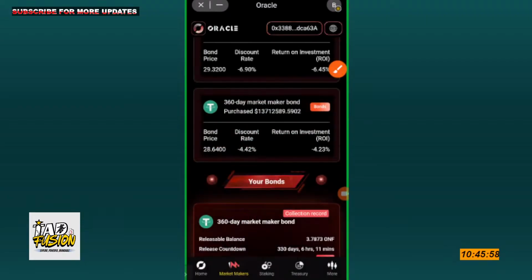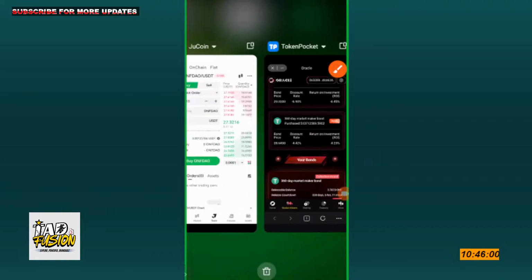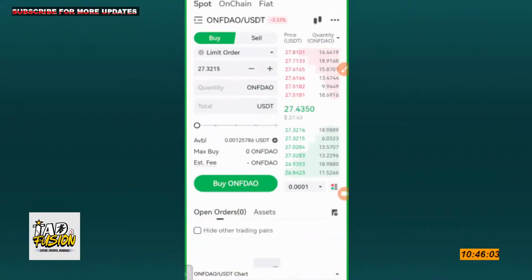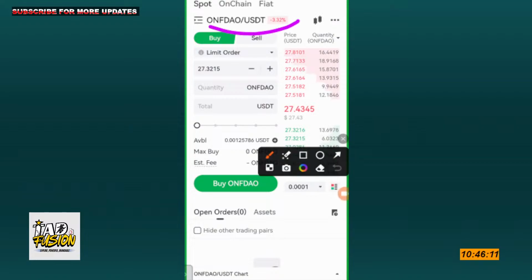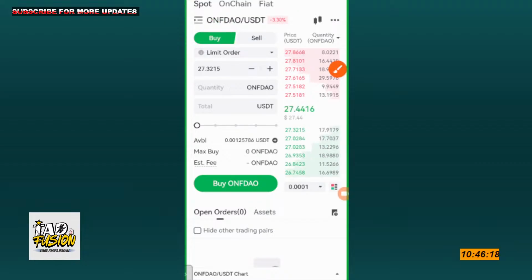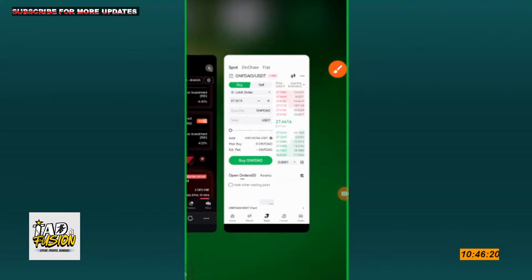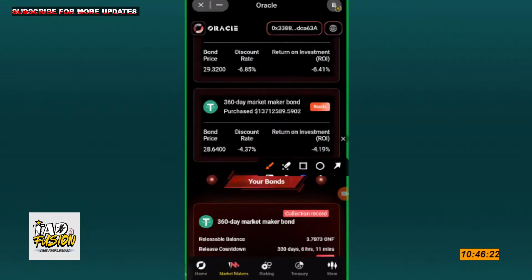Now the system is telling you, come to Jucoin where the market of this token is. Buy the ONF token from Jucoin. After buying it, then come and lock it into the system under staking.